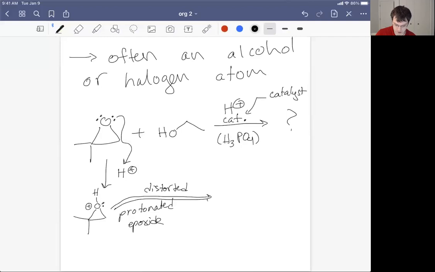And what a distorted epoxide is going to look like is we're going to widen one of the carbon-oxygen bonds. And in this case, it's going to be on the left side. I'm going to really exaggerate that. That doesn't look good. I really want to be super precise about it, but it's not helpful. So I'm just going to lengthen the left bond and leave the right bond the same.